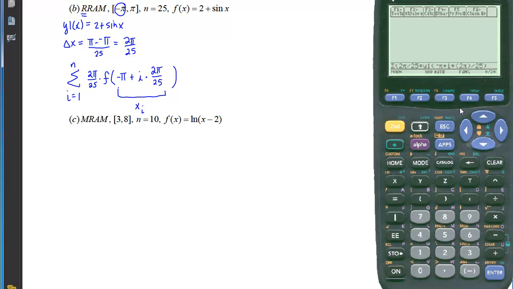Once I have the innards of my y and the innards of my sigma, I have to tell the sigma what my index variable is, separated with a comma.